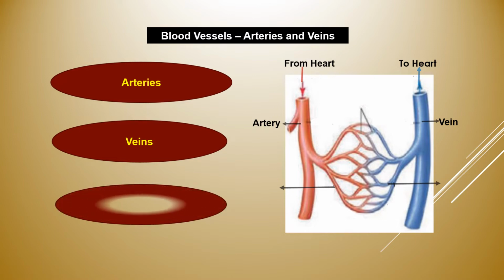Next, capillaries. Capillaries are narrow tubules formed by the branching of arterioles and uniting to form venules. They are about 8 nanometers in diameter.